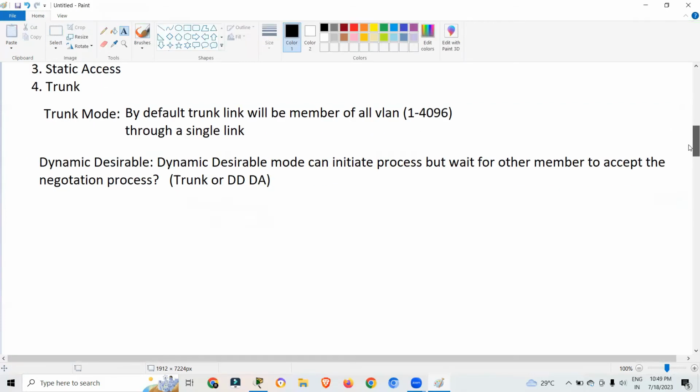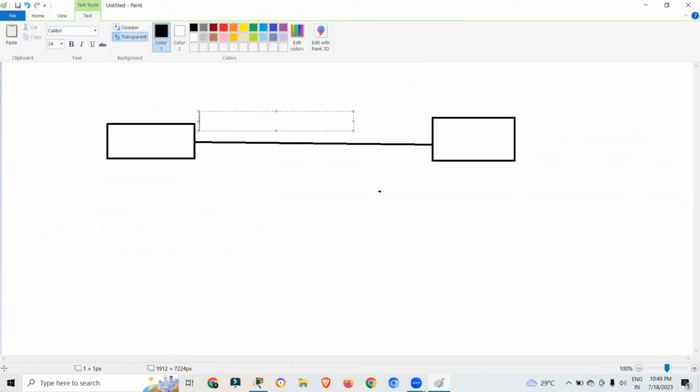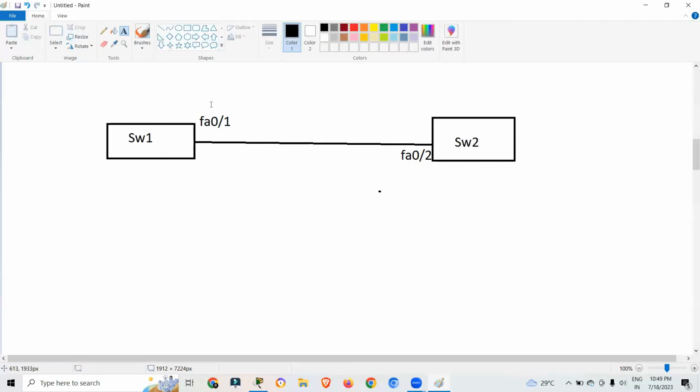So what is the meaning of dynamic desirable mode? There are two switches like this. One switch has an interface FA 0/1, and here is FA 0/2. This is switch 1, this is switch 2. So what can dynamic desirable do?